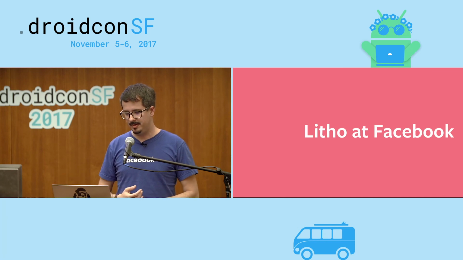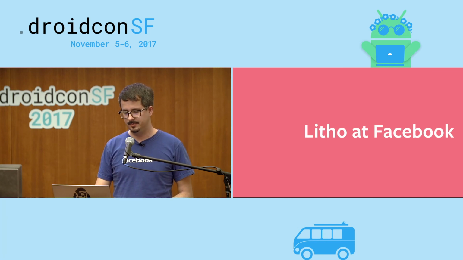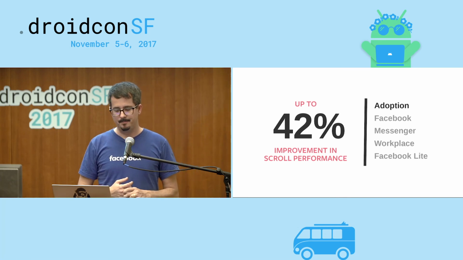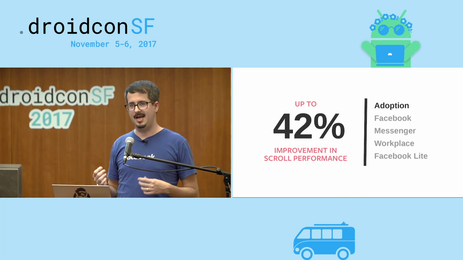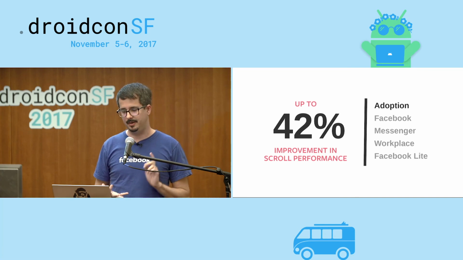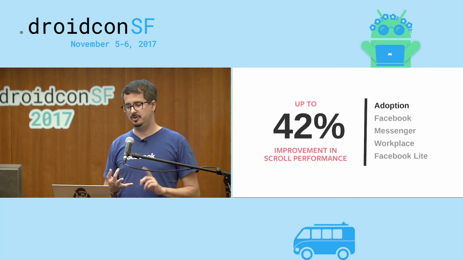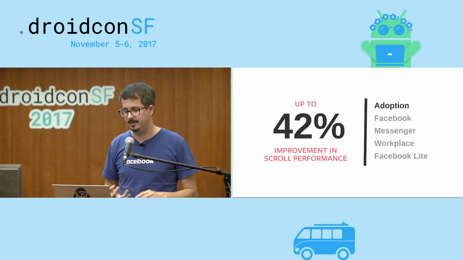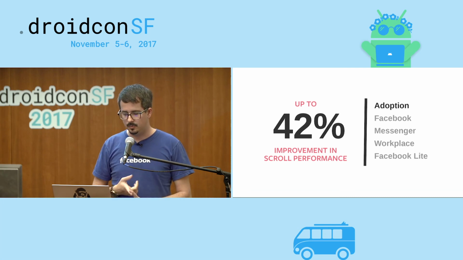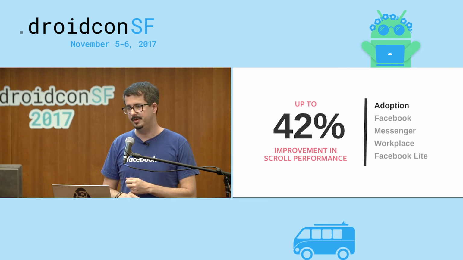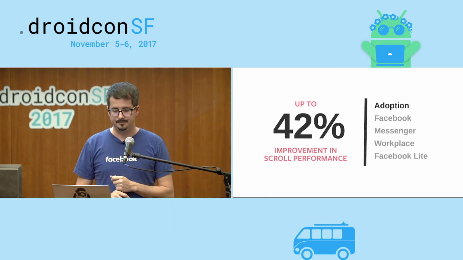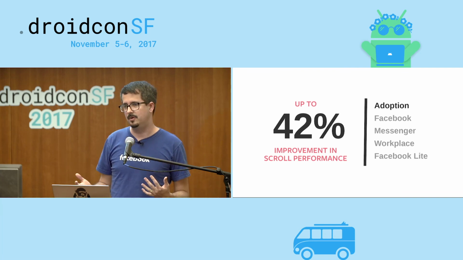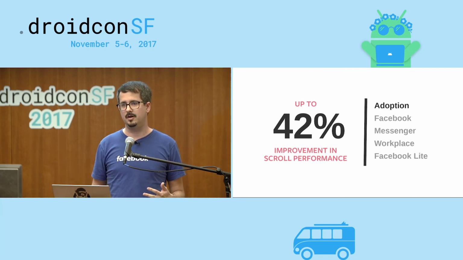So just a quick word about how Litho is being used at Facebook to wrap up. We're using Litho heavily across the Facebook app on Android, Messenger. Some of the most prominent screens are being converted or have already been converted. Workplace, Facebook Lite is fully based on Litho. And it's kind of tricky to talk about performance improvements because this is very context specific.